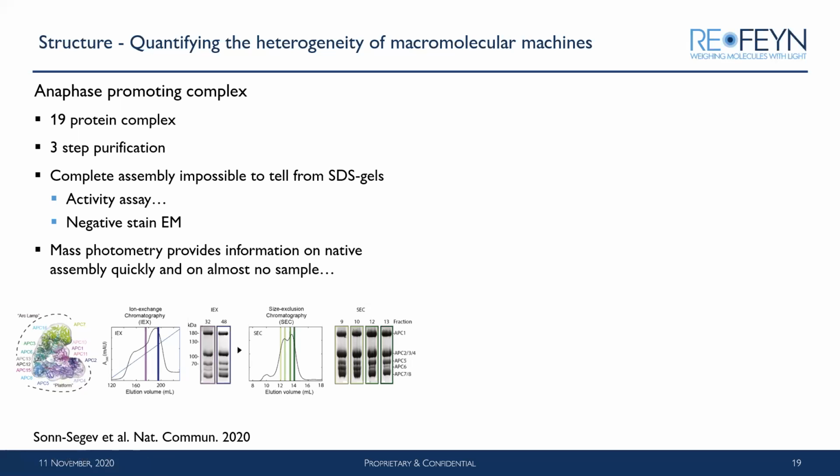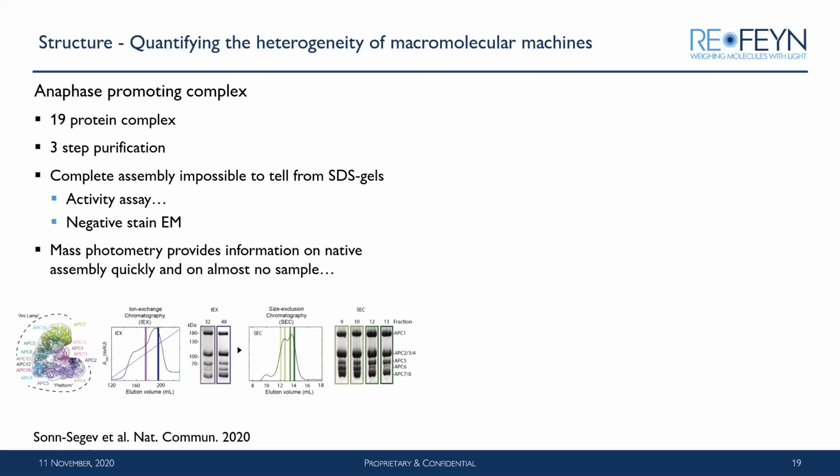So you want to take the sample to cryo-EM. However, you want to maximize the amount of full complex in order to save time in your cryo-EM measurement. So you optimize the purification step, and you want to quantify which sample in your chromatography you want to take to your cryo-EM.